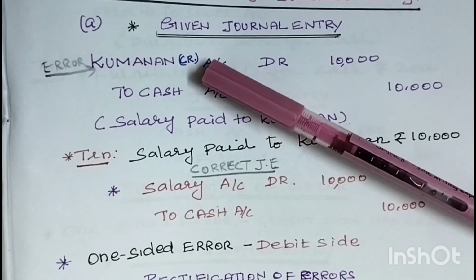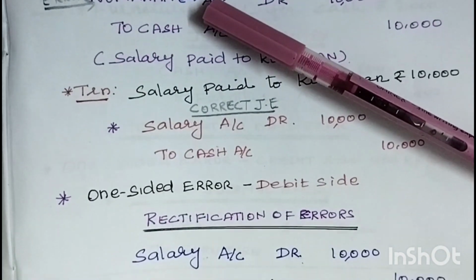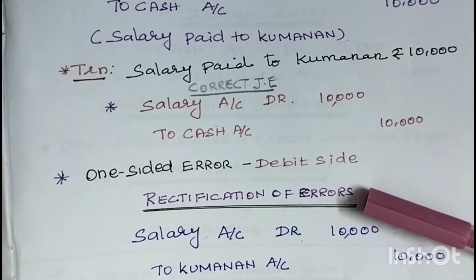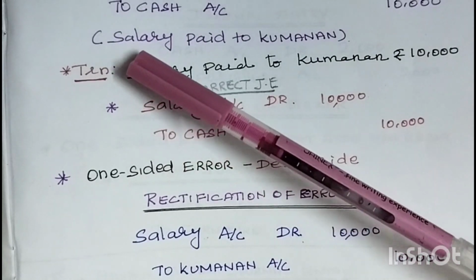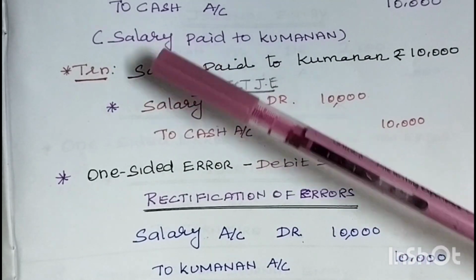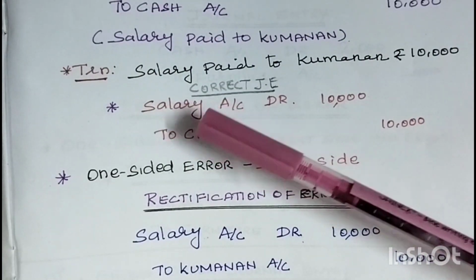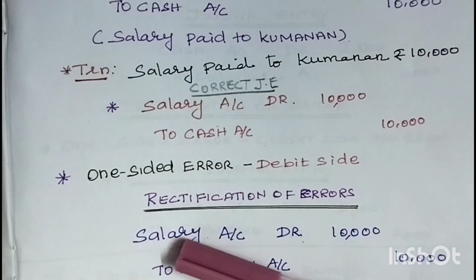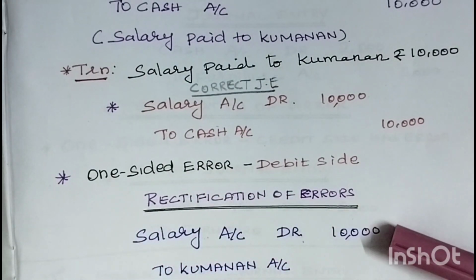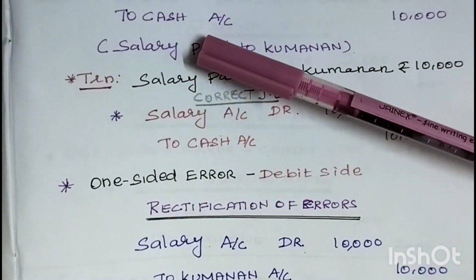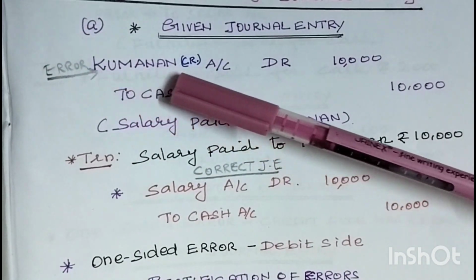So listen, how can we rectify this error? What is the narration? Salary paid to Kumaran. So in the correct journal entry we take salary account on the debtor side. So salary account debtor. Which is the error? Kumaran account debtor.